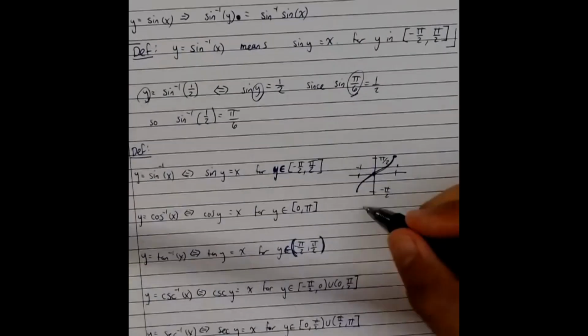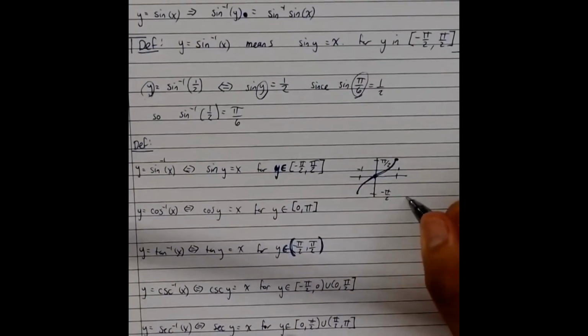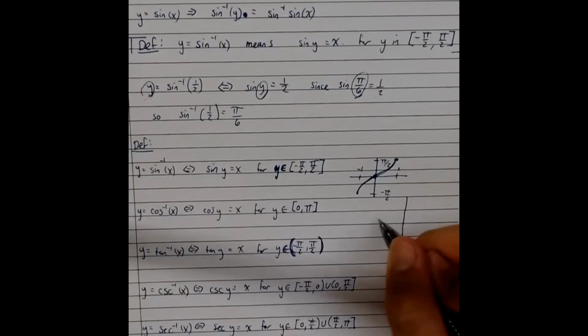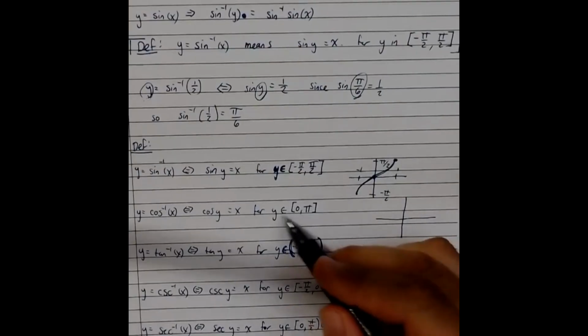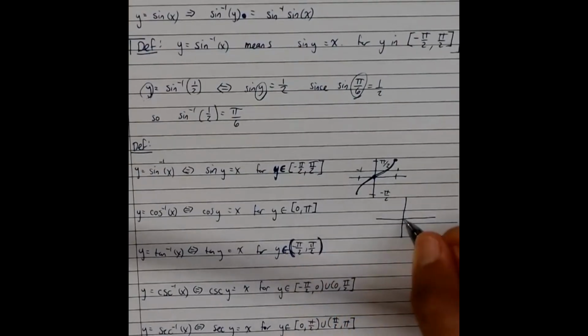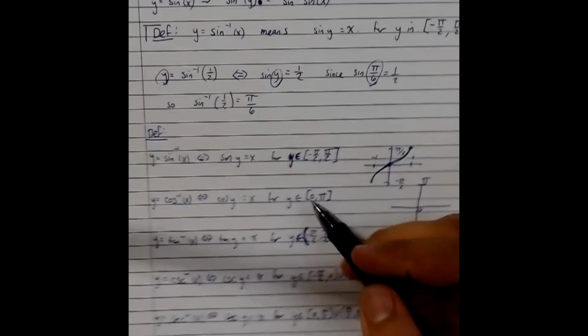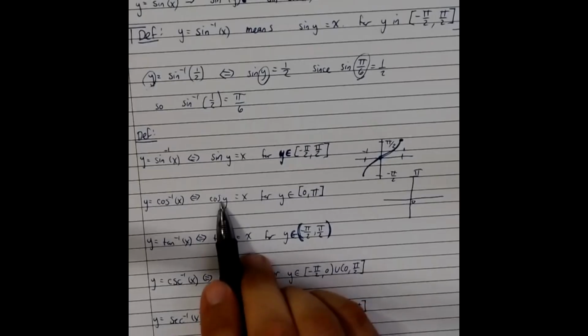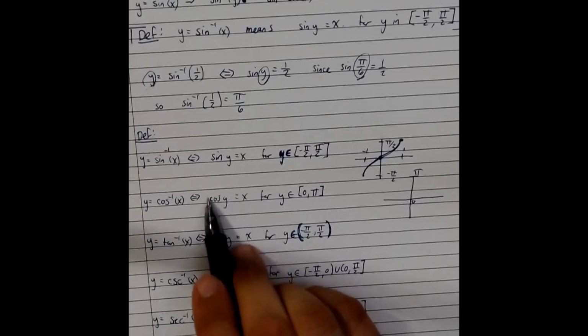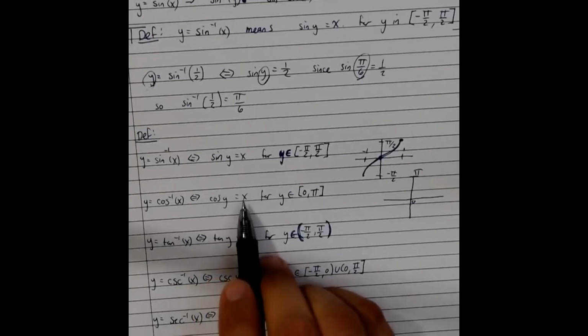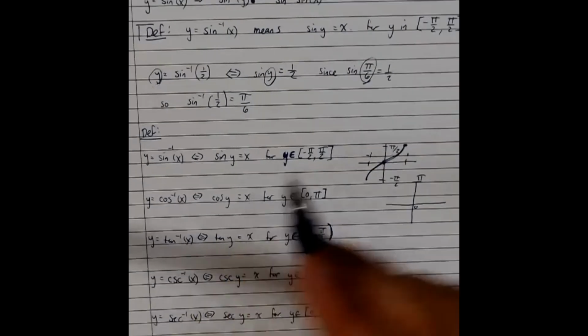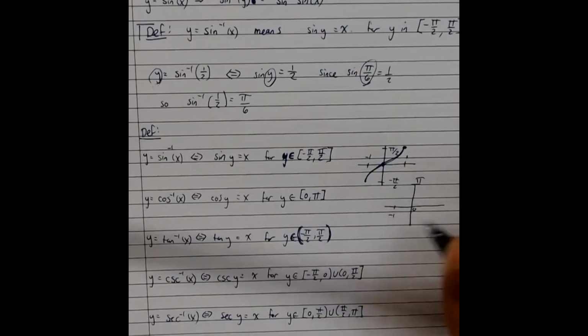The inverse cosine will also have a graph. Here the y value is between 0 and pi, so it's going to start here at 0. It's going to go up to pi. And again, x is whatever values are coming out of the cosine function, which means x has to be between minus 1 and 1. So here, minus 1 and 1.